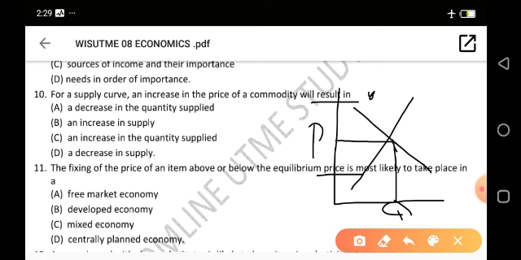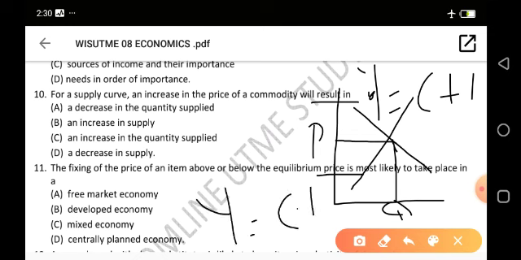Remember that under our sectors, we have the 2-sector economy, the 3-sector economy, the 4-sector economy. Your 2-sector economy is Y equal to C plus I, while our 3-sector economy is Y equal to C plus I plus G. Your C there is your consumption, your I there is investment, plus G there is your government.